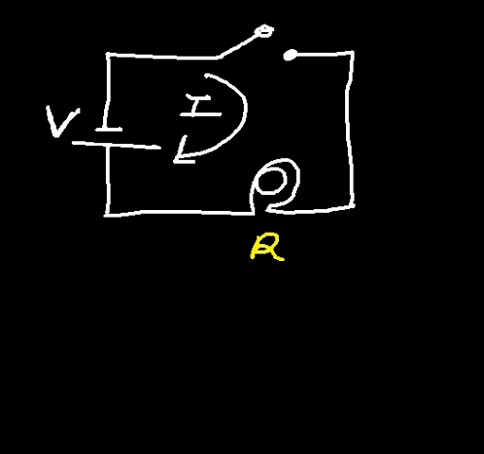So, what is the electric energy dissipated across the bulb with the resistor given as R?